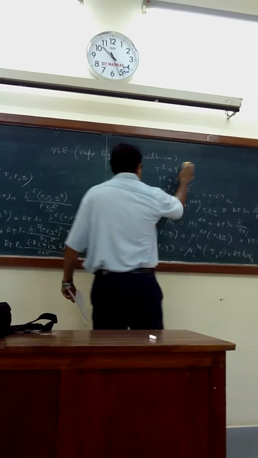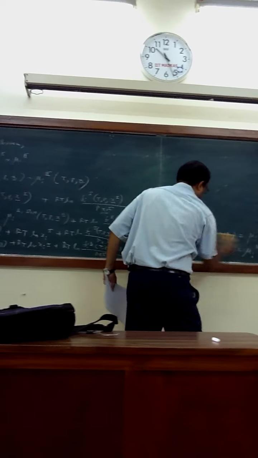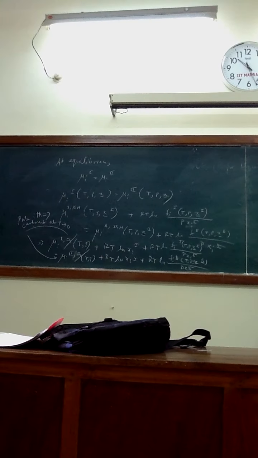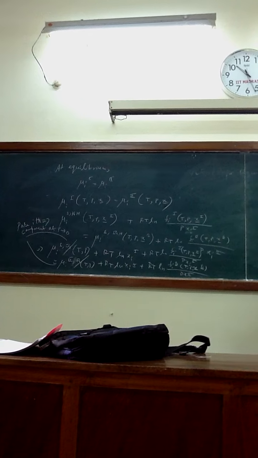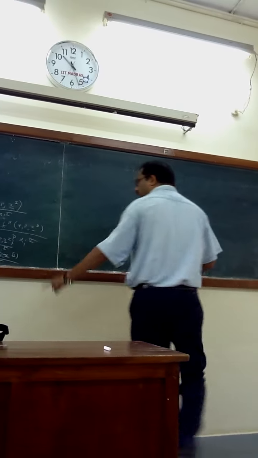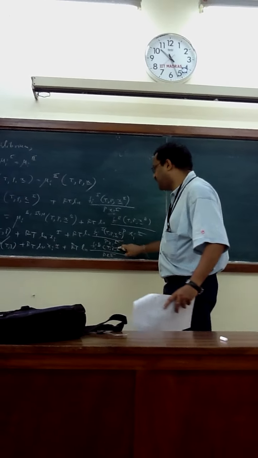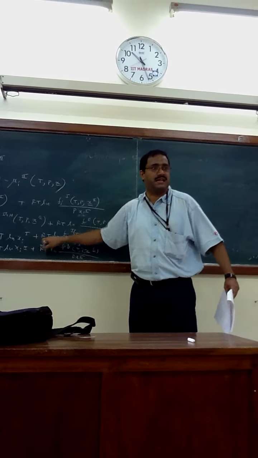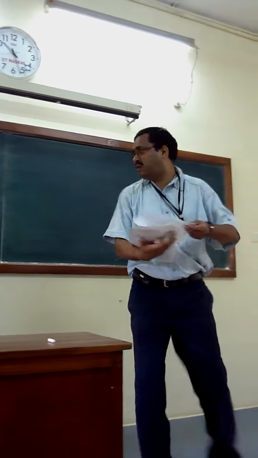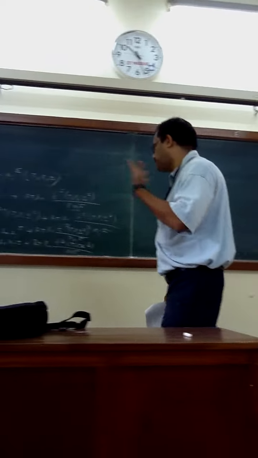So what will happen? These two are cancelled. If you plug it in, x i1 and x i1 will get cancelled, x i2 and x i2 will get cancelled. R and T will both be cancelled out, R the molar gas constant, temperature being the same.